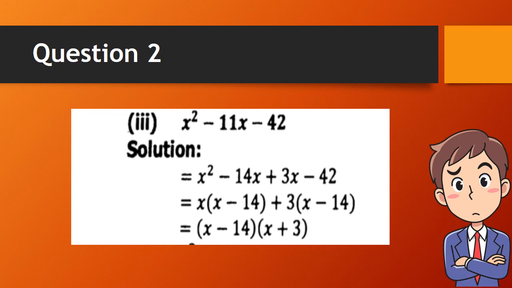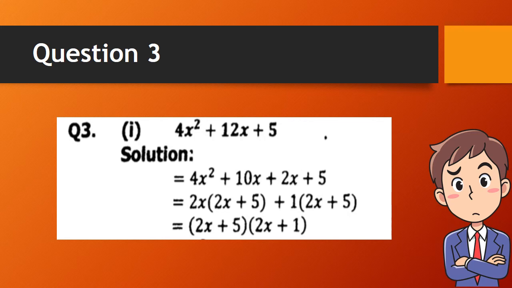So we can get minus 14 plus 3, which will give you minus 11. So now from the first two terms you take x common, you will be left with x minus 14, and from 3x minus 42 you have taken 3 common, you will be left with x minus 14. So taking x minus 14 common, you have x plus 3 left.